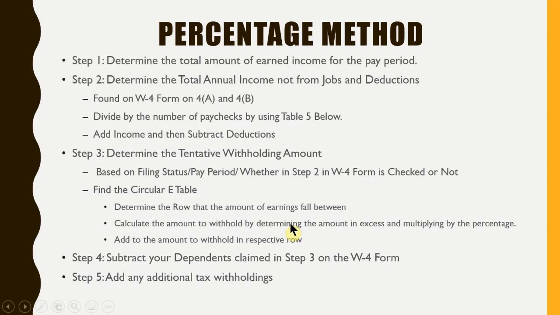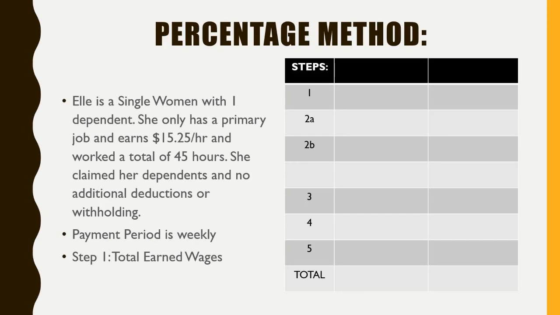Okay? So these are the steps you have to do to successfully calculate the federal income tax withholdings. Let's start with the first step here. Step 1, determine how much this individual has earned. In this example, we have L. L is a single woman with one dependent.